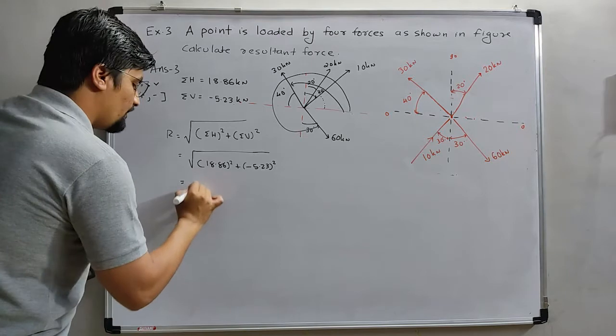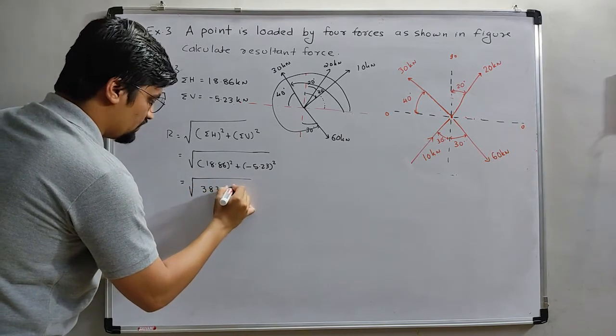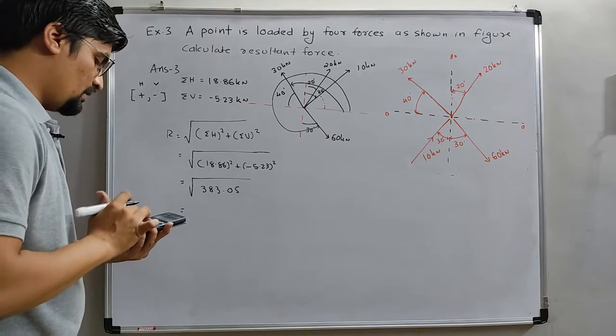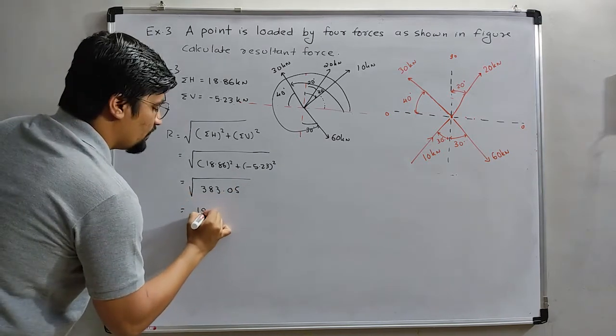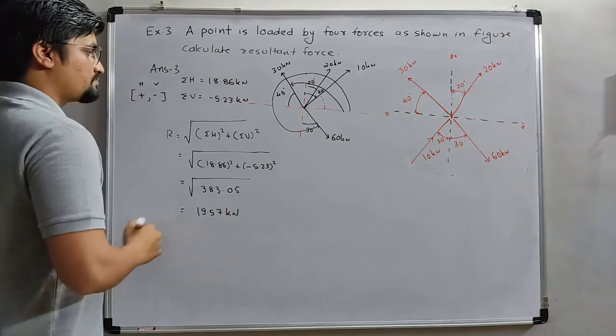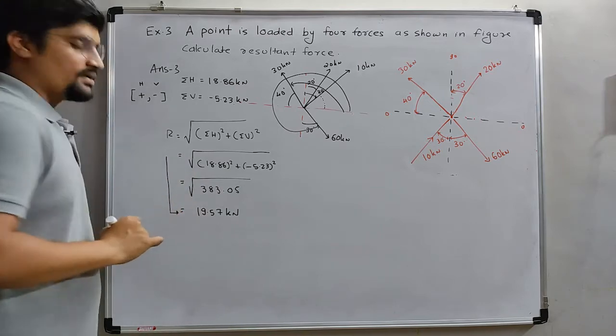So under root of 383.05. So resultant force is nothing but 19.57 kilonewton. So we get the answer of resultant force.